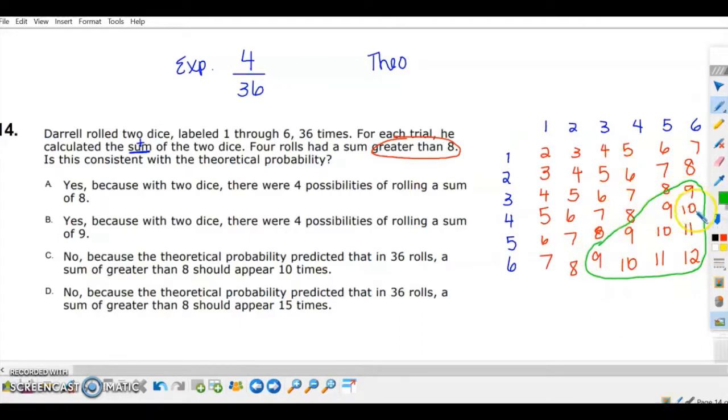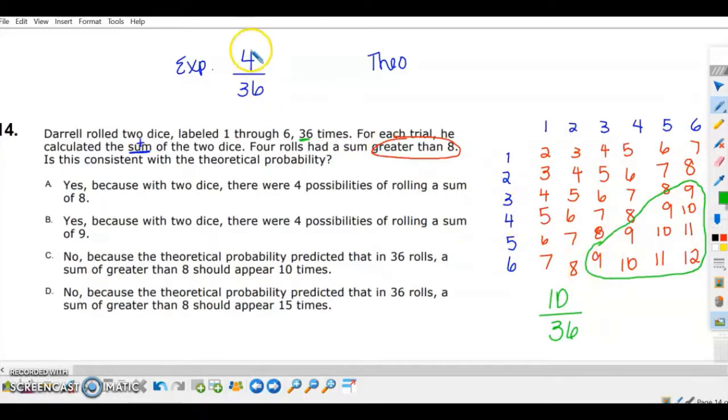There are 1, 2, 3, 4, 5, 6, 7, 8, 9, 10 possibilities for getting a sum greater than 8. And that would be out of 36 possibilities. That just happens to be the same as this 36, but that's just a coincidence. There's 36 possibilities because 6 times 6, there's 36 numbers here.